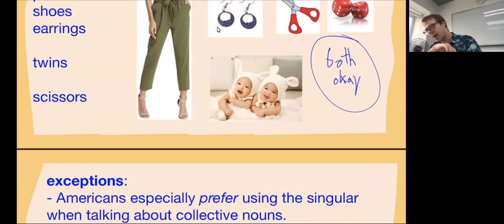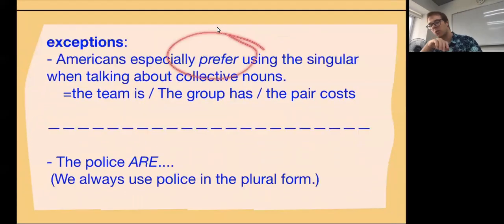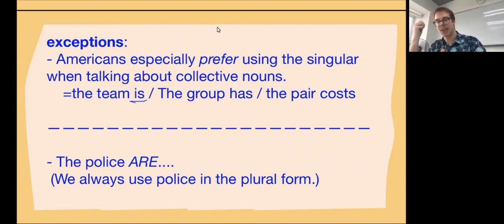Well, Americans do definitely prefer using the singular, okay? Like if I'm American, so if I talk to my American friends, they're going to say the team is, right? The pair, it costs, okay? They usually will use that singular verb, okay?